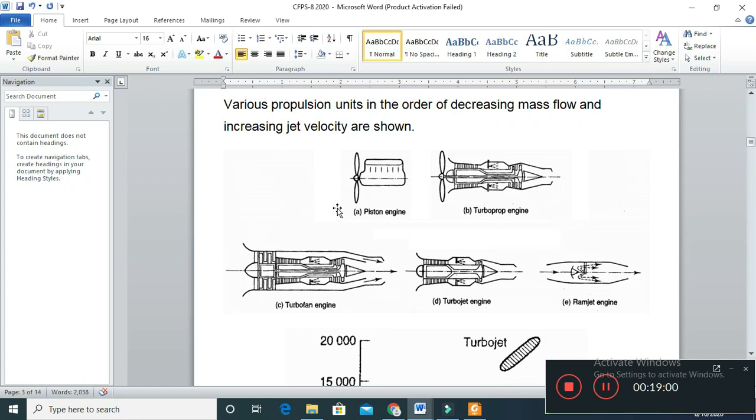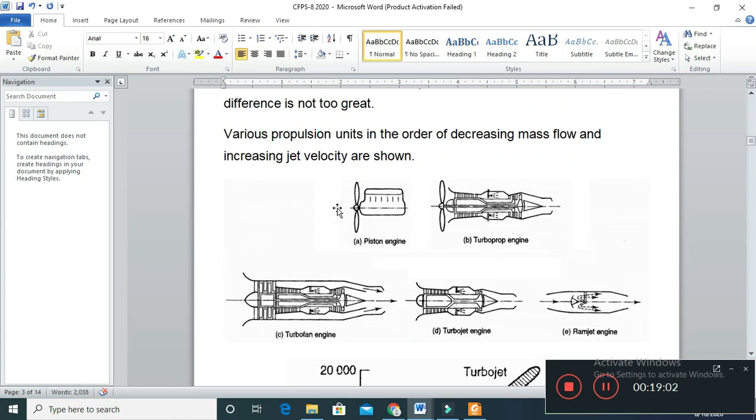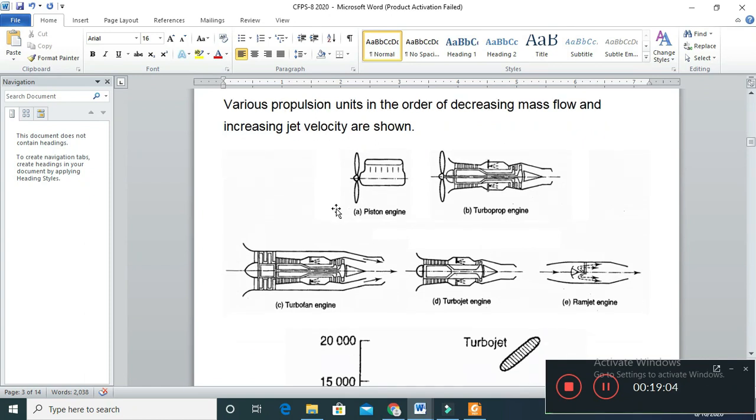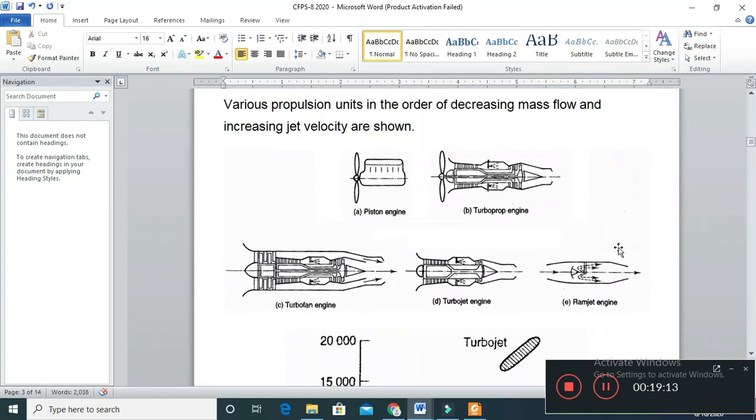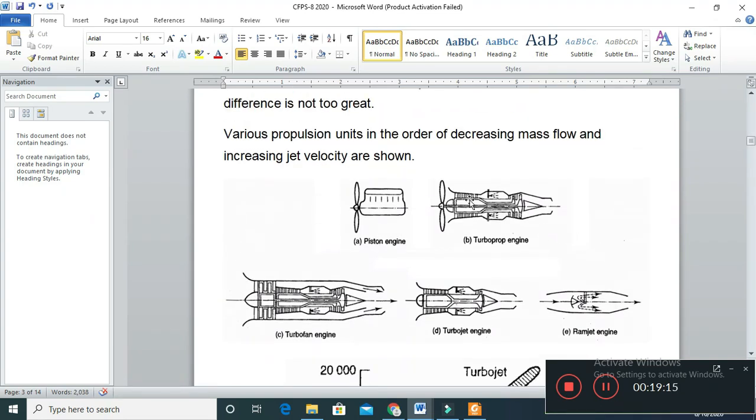There are various types of engines that can be used for aircraft applications: piston engine, turboprop, turbofan, turbojet, ramjet. Among these, the piston engine can have maximum mass flow rate using this type of propeller, but the value of velocity is very less in the case of a piston engine.